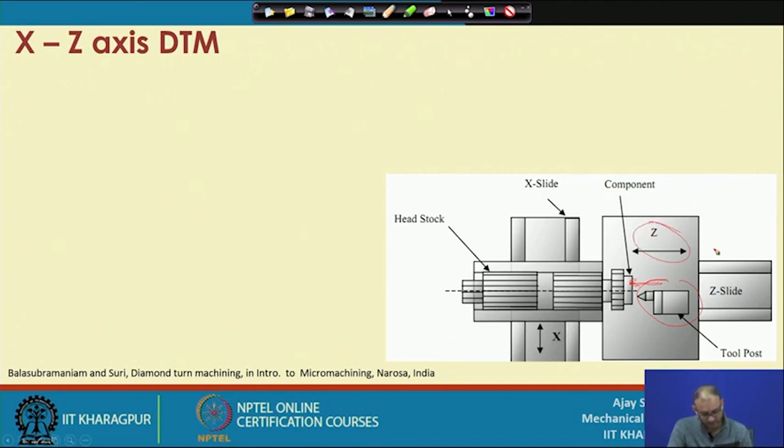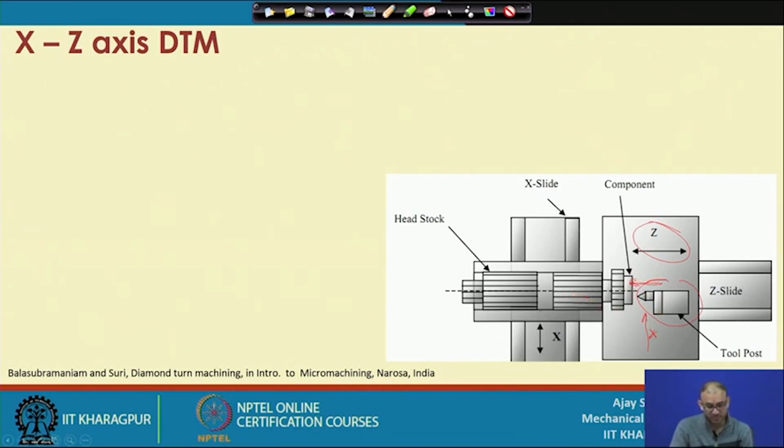But when you want to do a facing operation, we give our x direction in this part, right, because for both the x and z axes, mostly we give both motions to the tool only, not to the workpiece. The workpiece just rotates, and depending on that rotation we create features on either the cylindrical face surface or the cylindrical surface.